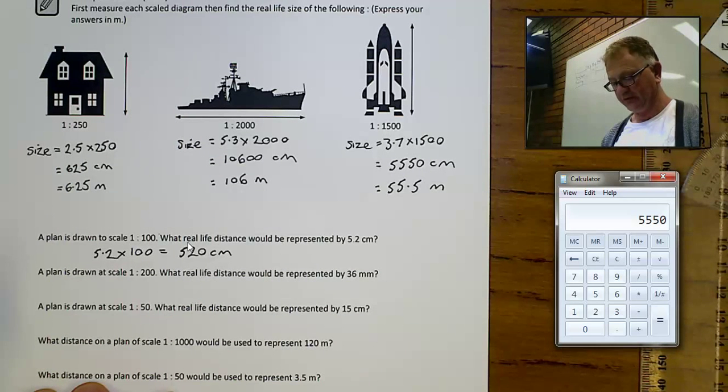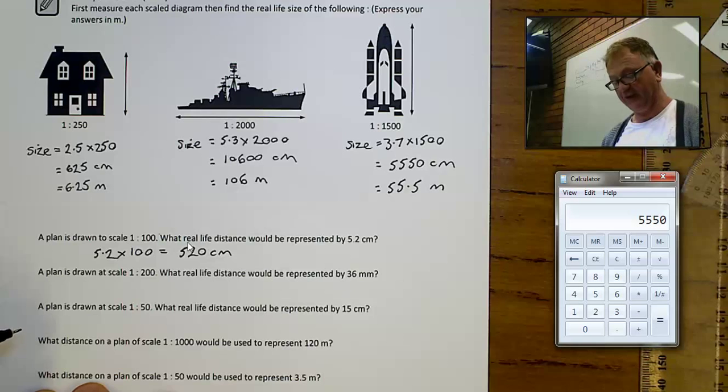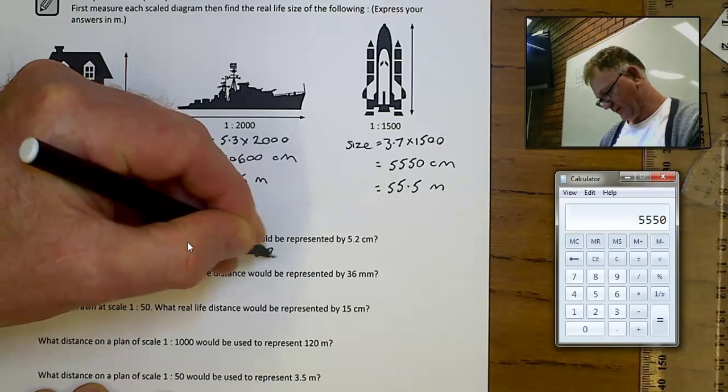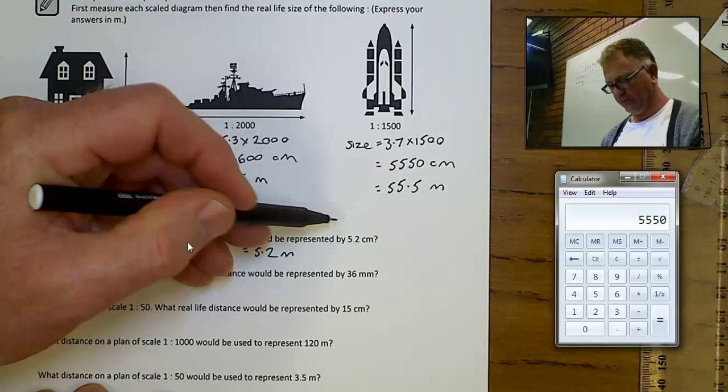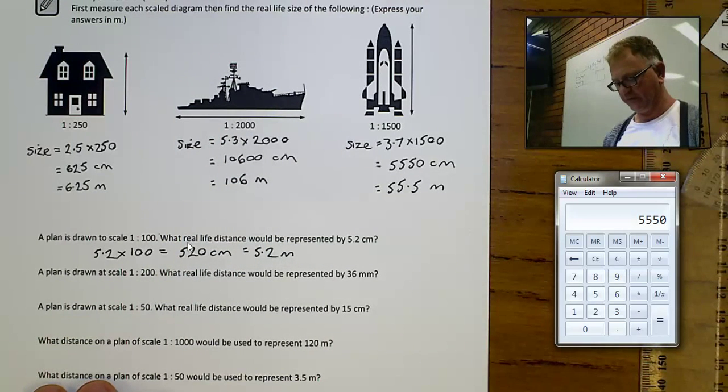You might like to express that in metres if you wanted to. Divide by 100, we'll get back to where we started, it'd be 5.2 metres. 5.2 centimetres on the plan represents 5.2 metres in real life.